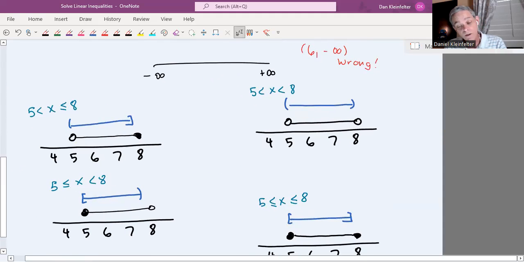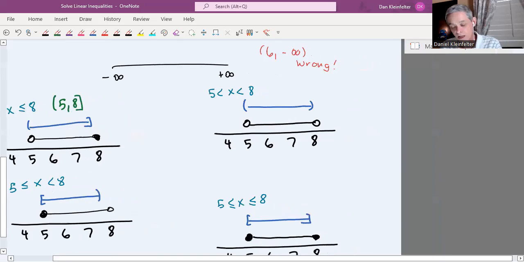So how does the interval notation work for this? Since there is a finite start and end, there won't be an infinity sign. We'll just indicate where this set starts and ends. So we'll have 5 comma 8 for the first one, a parenthesis on the 5 side, a square bracket on the 8 side.